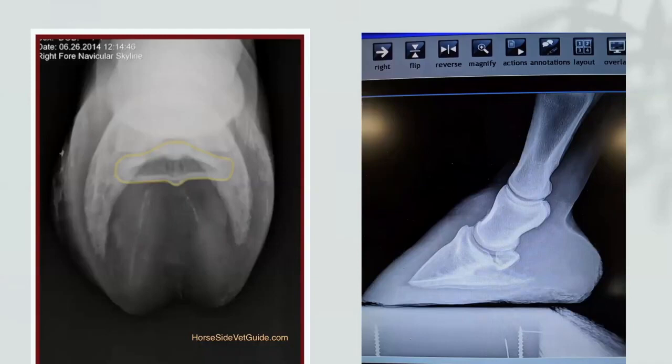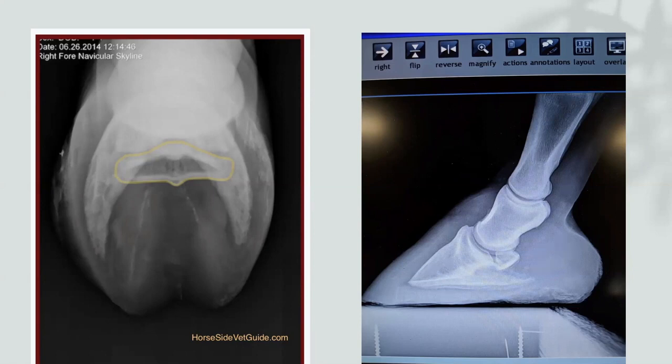The picture on your left-hand side is a picture of what bone? The coffin bone. You do see the coffin bone in that picture, but what bone is outlined in yellow?